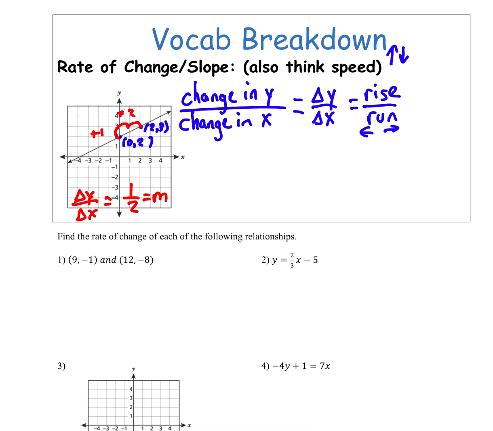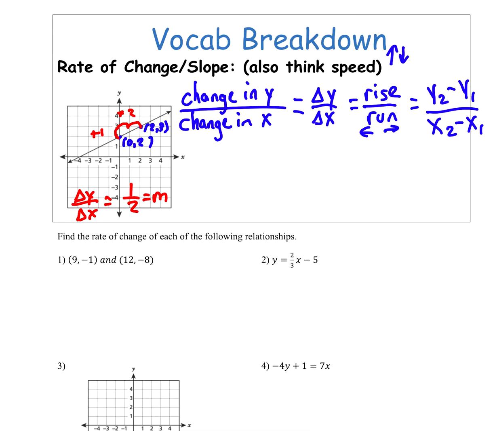Another way you could find slope is using the rate of change formula, y2 minus y1 over x2 minus x1. That is also the change in y. You're subtracting the y's to see how the y is getting different, and same with the change in x's, x2 minus x1.